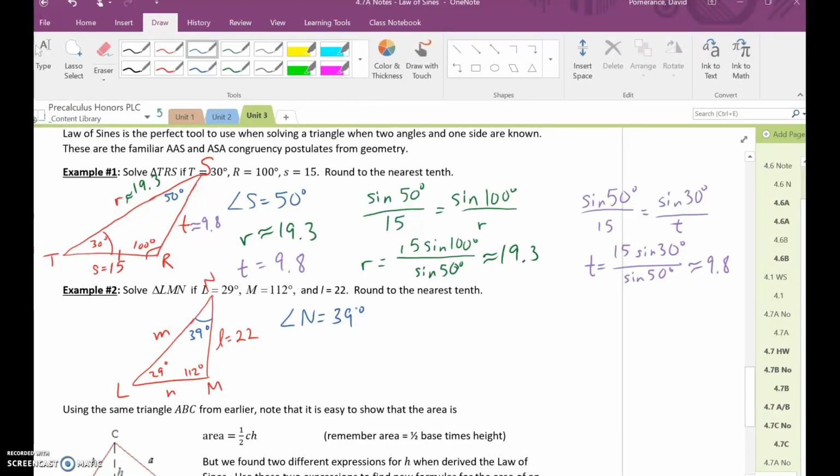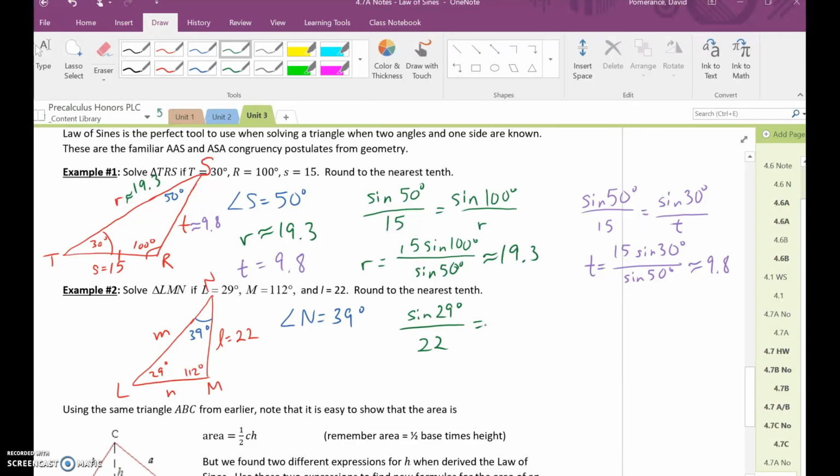And once again, we've got an angle side pair. This time the angle side pair is L. We have 29 degrees for angle L and 22 units for side L. So that's what we want to definitely include in our equation. So we'll do the sine of L, L is 29 degrees, divided by side L, which is 22 units long.